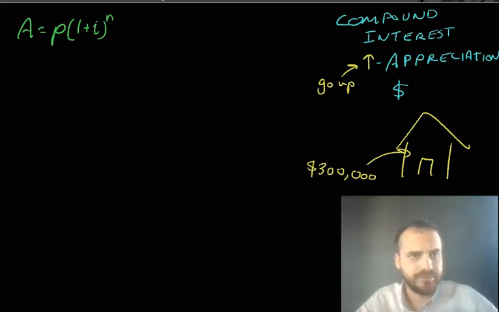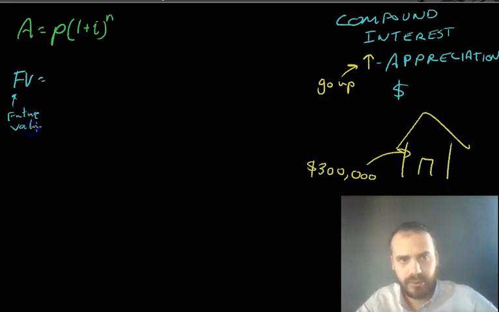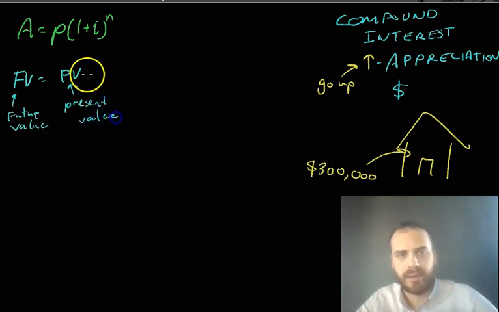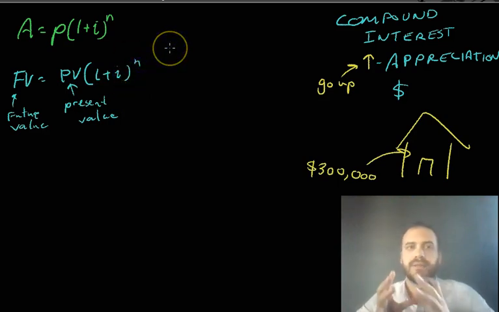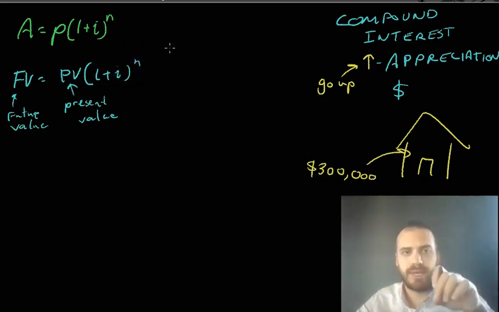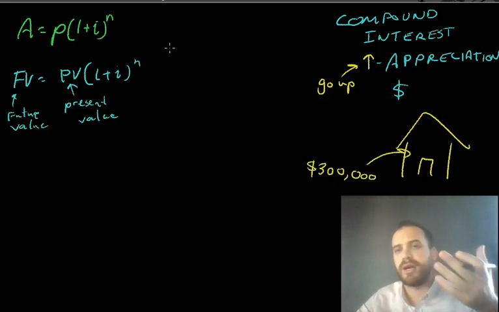We're going to use FV at the front, which stands for future value, and we're going to use PV in place of the P, which stands for present value. It's the same formula. FV equals PV bracket 1 plus I to the power of n.